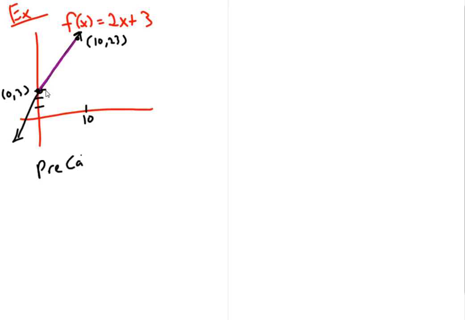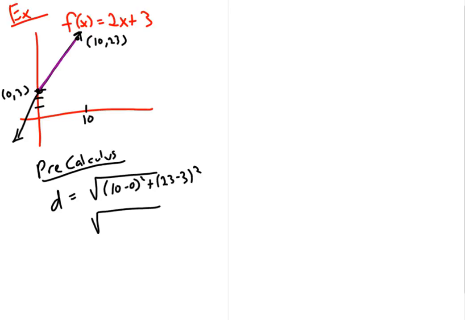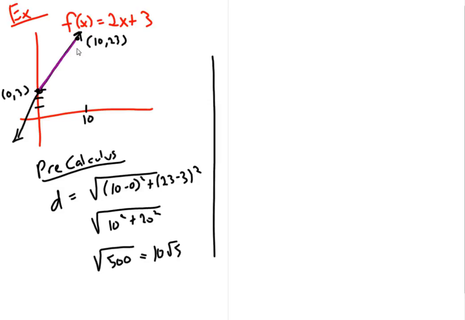The curve happens to actually be a straight line between those two points. And we can solve that using pre-calculus methods, namely the distance formula. That would be the square root of the sum of the squares of the differences. So that's 10 minus 0 and 23 minus 3, so that turns out to be the square root of 500, which is 10 root 5. That's the pre-calculus way.